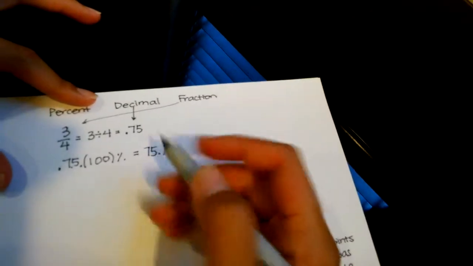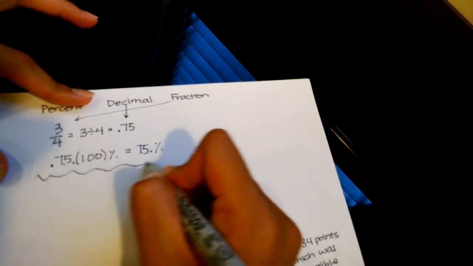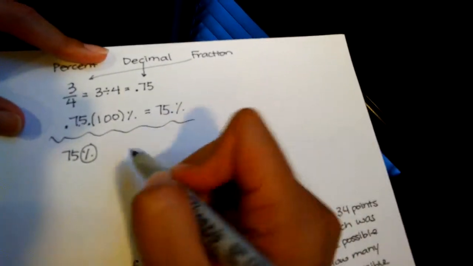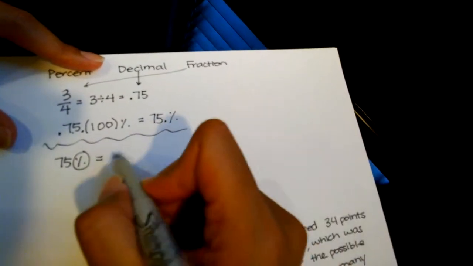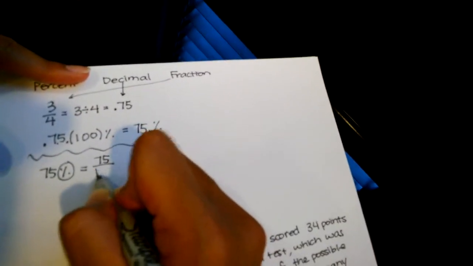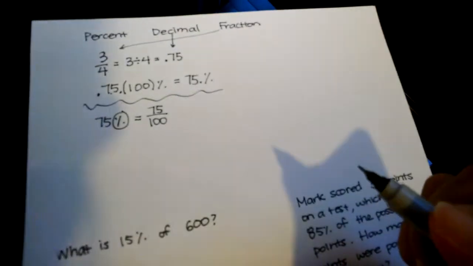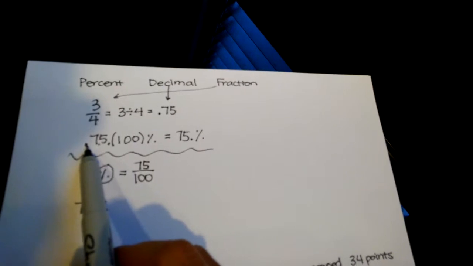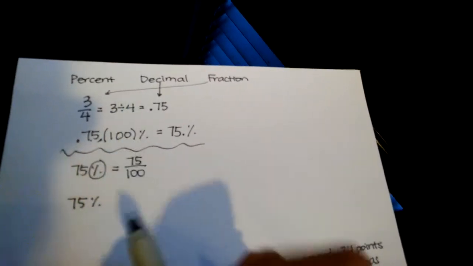On the other hand, if we were to start off with 75%, percent just means per 100. So if we were converting that into a fraction that may not be simplified, you just write the percentage over 100, and there you have a fraction. If you were to turn the percentage into a decimal, remember when we turn a decimal into a percent, we move it to the right 2 spaces.